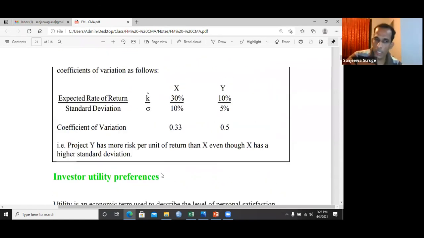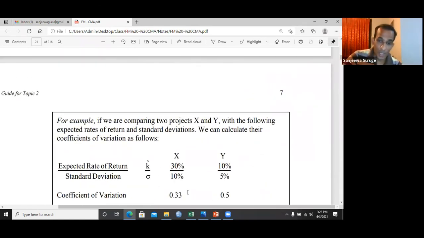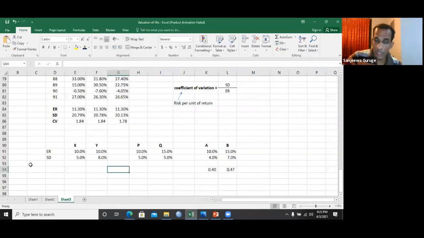So the investment decision purely depends on the risk the investor is willing to take. That's why logically this asset is better, but definitely the standard deviation is higher. So the point you mentioned is correct.